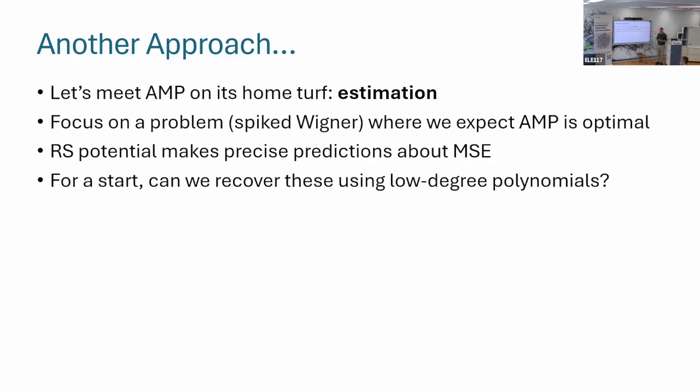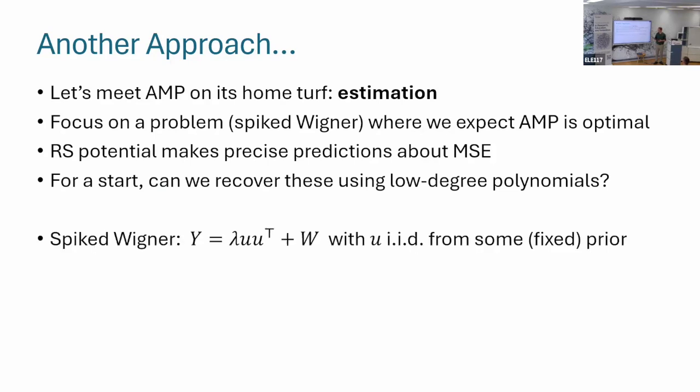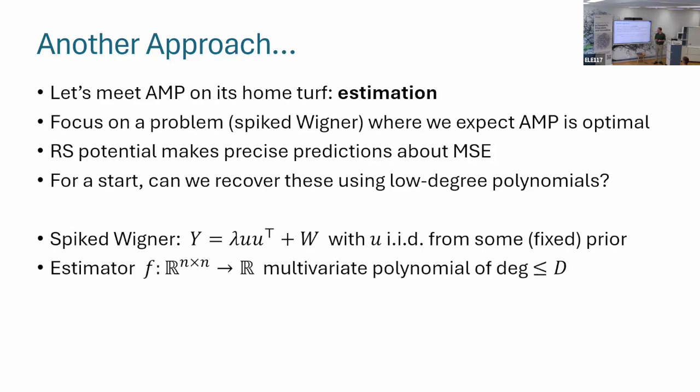And so now, coming from the low degree polynomial perspective, the first thing we'd like to do is to see, can we actually recover those same predictions using low degree polynomials? So here's the spiked Wigner model. Again, let's try to define what it would mean for a low degree polynomial to really solve the estimation question.